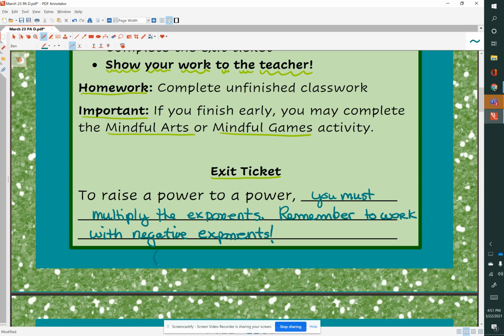So if we have, right here, 2 to the second power raised to the third power, that would equal 2 to the 6th power. Okay, if you have something like x to the 12th power, y to the negative 14th power, you're going to have to write it like this. Let me change my color so you can see better. You're going to put x to the 12th in the numerator and y to the 14th in the denominator with a positive exponent.